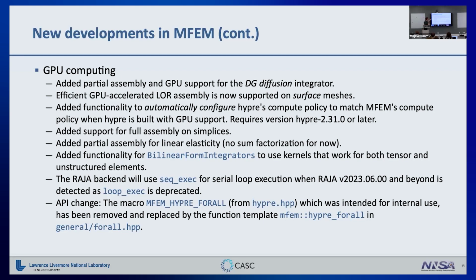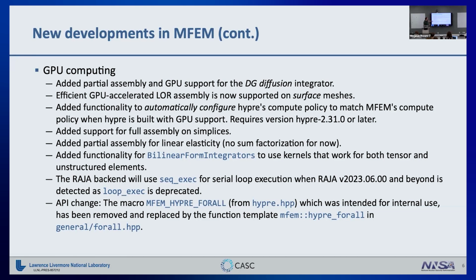And there is at least one example, in this case linear elasticity for simplices. These three are related. They also allow you to work on tensor product elements, quadratic hexes, and unstructured elements, which means simplices.